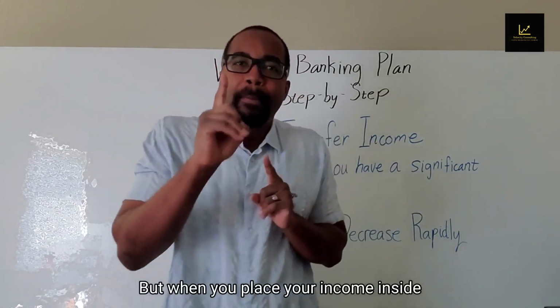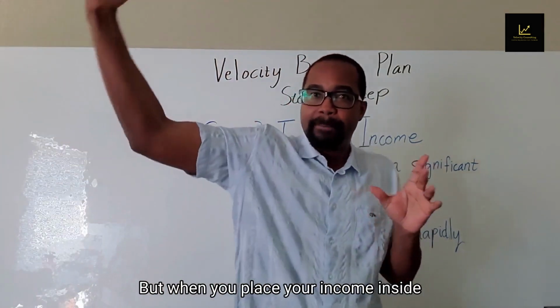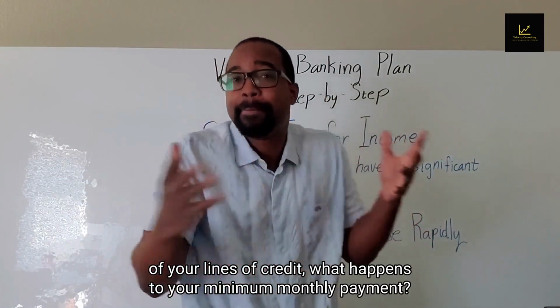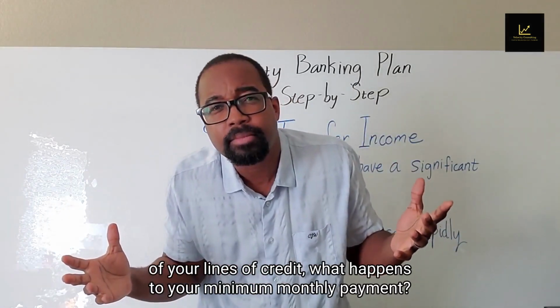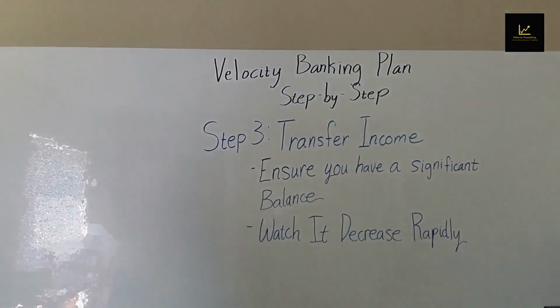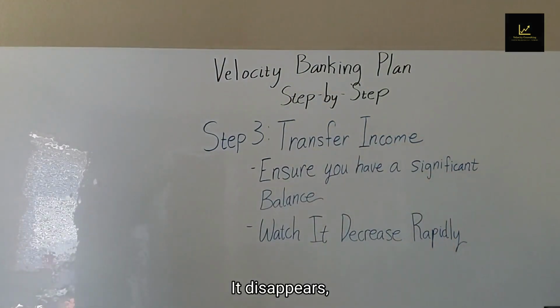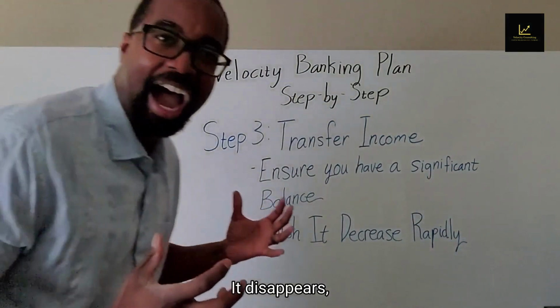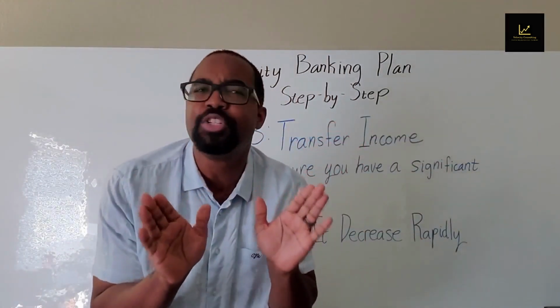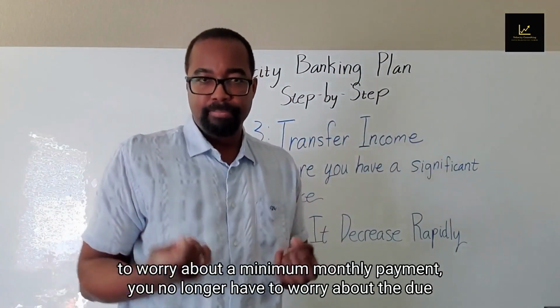But when you place your income inside of your lines of credit, what happens to your minimum monthly payment? It disappears. So you no longer have to worry about a minimum monthly payment.